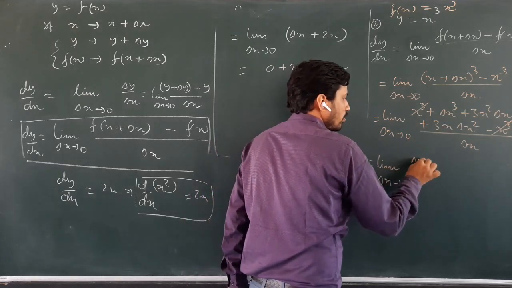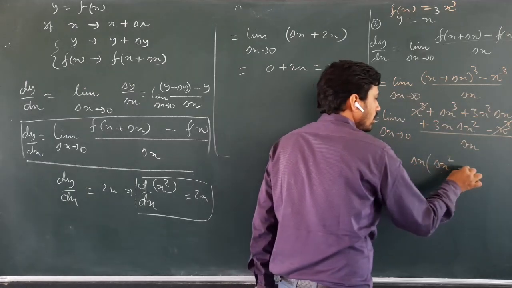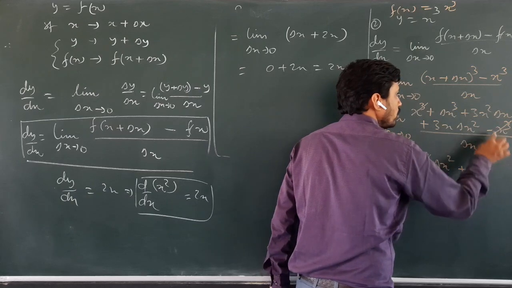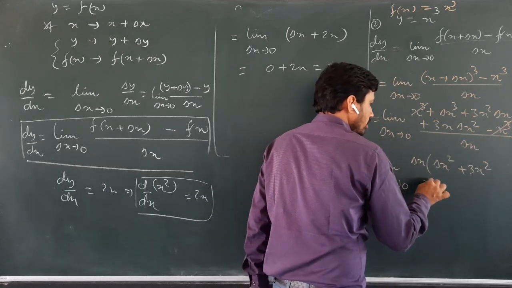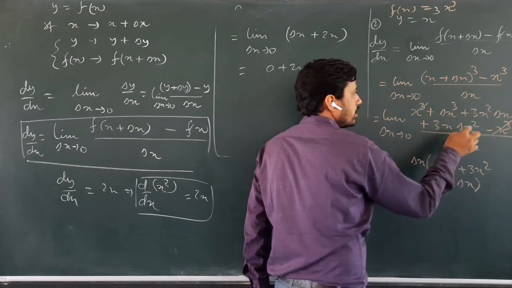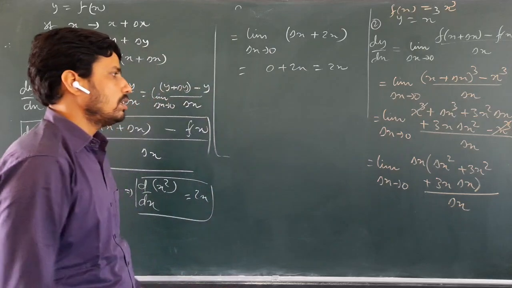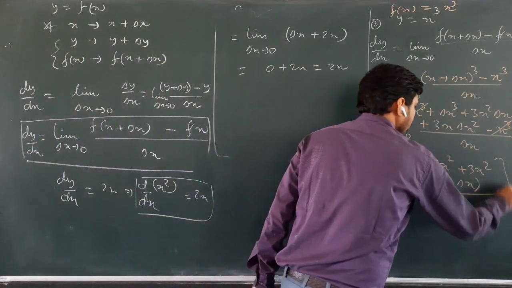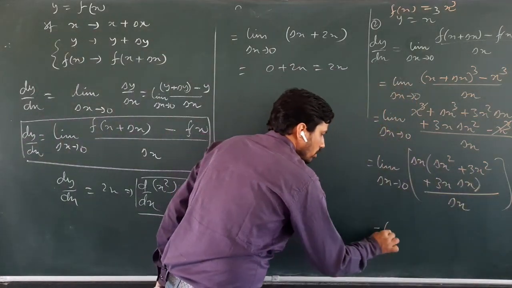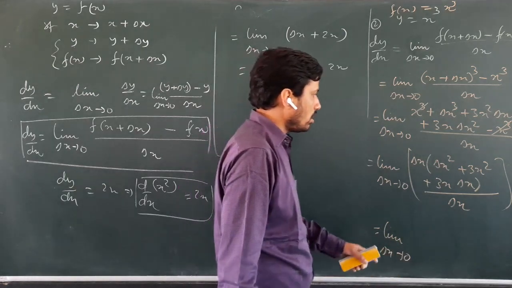I'll take delta x common again. So what will be left? Delta x square plus 3x square plus 3x delta x. These three terms, and whole divided by delta x. This much is left behind. So is equal to limit delta x tends to 0.